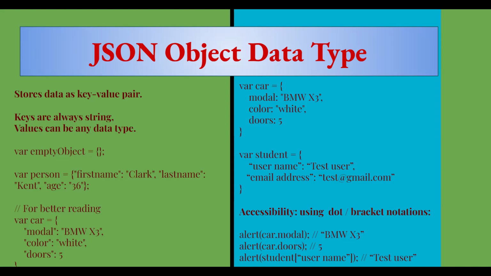If the key has a single name, then you can use dot. For example, car.model, car.doors, but you can't use dot notation for student.username or student.email address because both have spaces. So for that, we can use bracket notation as you can see in the example.